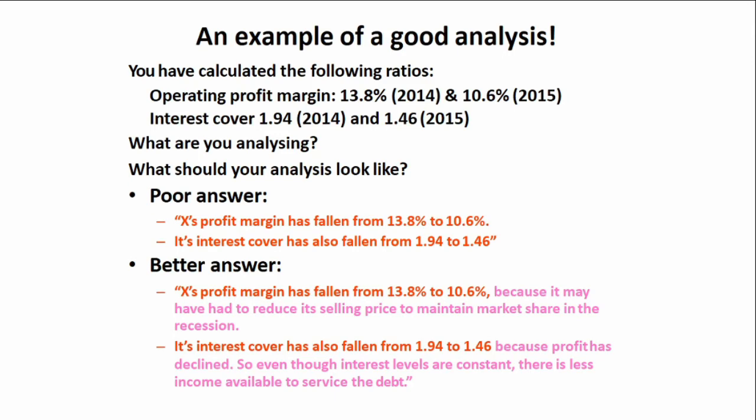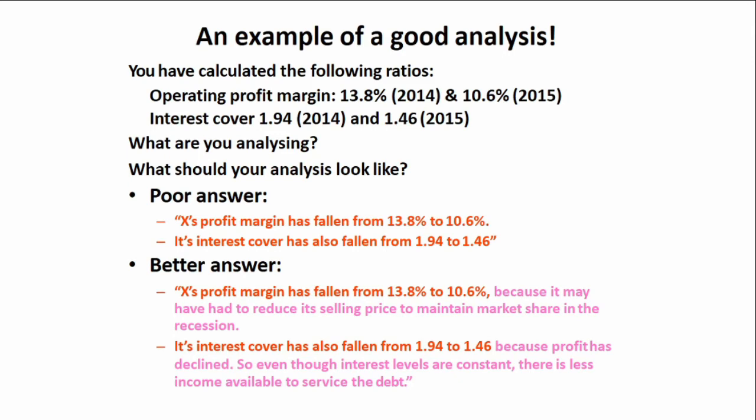It is not a full answer. It is not painting a picture of what is happening in the company. We are saying that the profit margin has fallen, but we are not giving likely implications or explaining why the profit margin has fallen. So it is a poor answer.